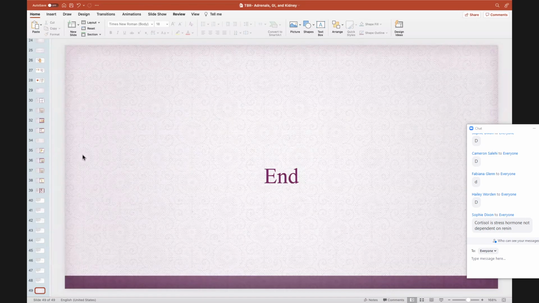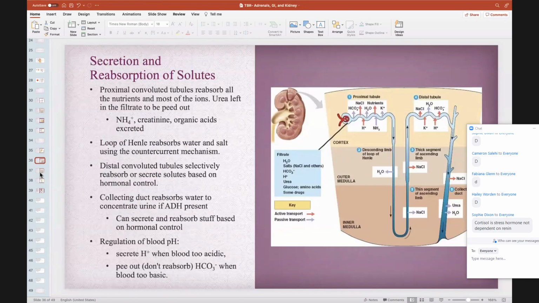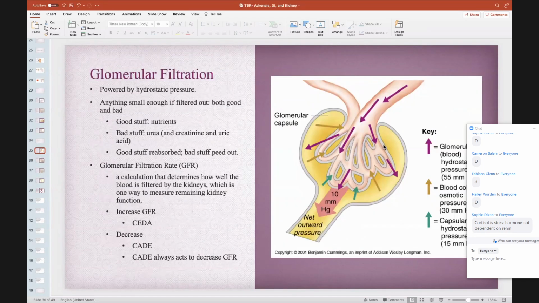Yeah, I can go over that again. So the glomerular filtration again. Basically what's going to happen is blood is flowing into the glomerulus. There's going to be a buildup of pressure, right? Because you have blood flowing in, and it's going to push on the walls of this vessel. It's going to push on the blood that's already been in there. So you're going to have this pressure of just flowing fluid, right?